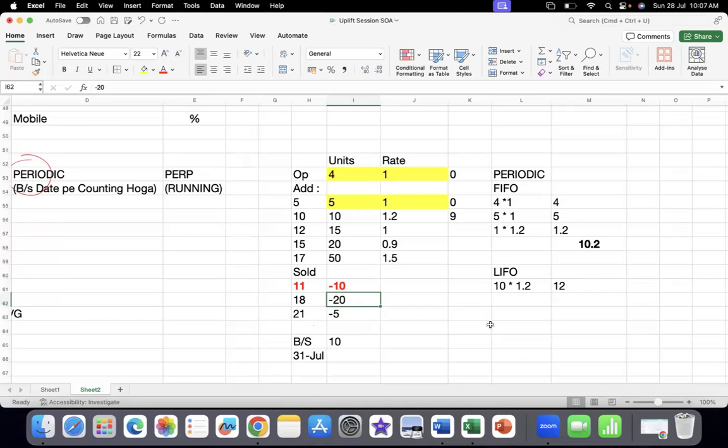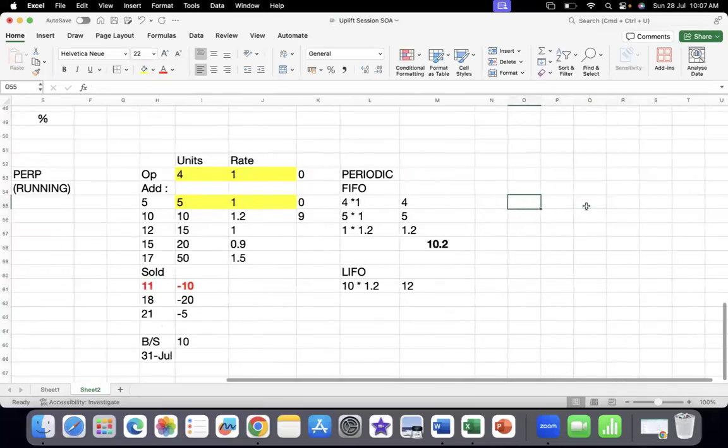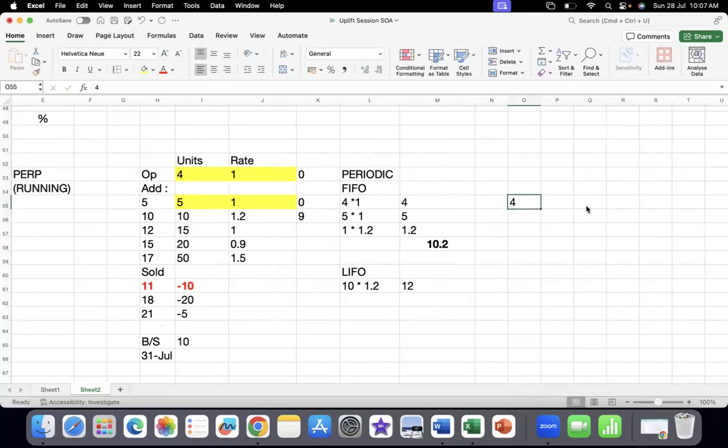And what happens when there is a weighted average? If you want to calculate a weighted average, then what is the point of sale? The day 11th is your point of sale. So what you will have to do is multiply the cost in order to calculate the weighted average cost. 4 is your units multiplied by its rate, that gives you 4.